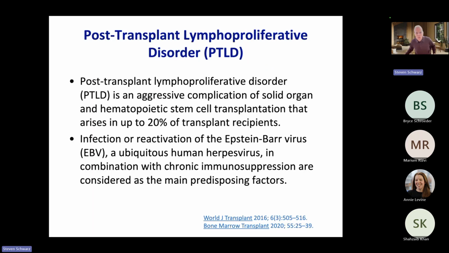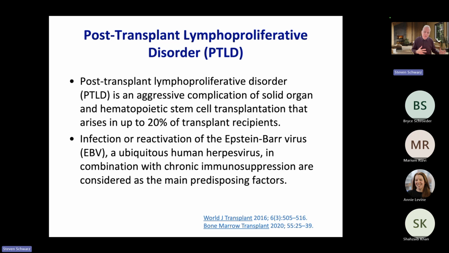But of course, one of the problems that we have to be most mindful for is PTLD, or post-transplant lymphoproliferative disorder. This is an aggressive complication of solid organ and hematopoietic stem cell transplantation that arises in up to 20% of transplant recipients. PTLD results from either primary infection or reactivation of EBV, which is a ubiquitous herpes virus.